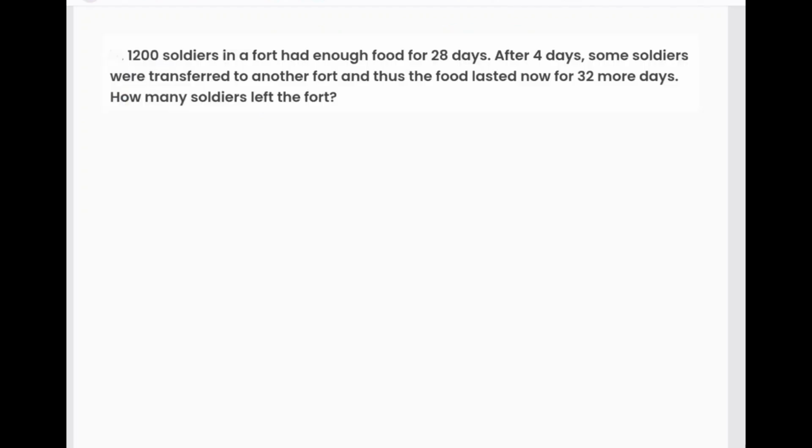1200 soldiers in a fort had enough food for 28 days. So 1200 soldiers having 28 days of food. After 4 days, some soldiers were transferred to another fort. So let X be the soldiers transferred to another fort.